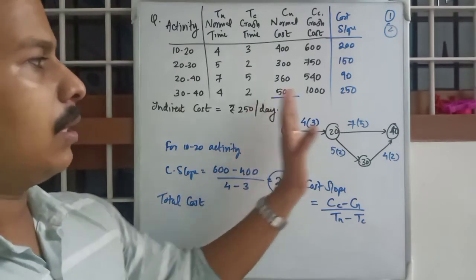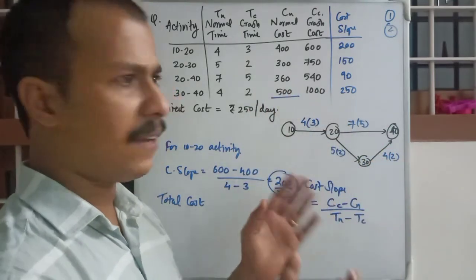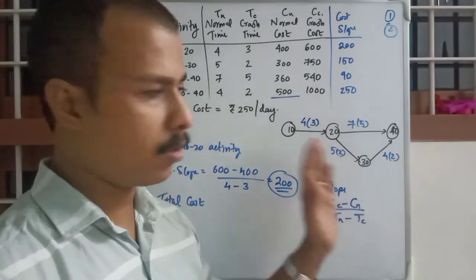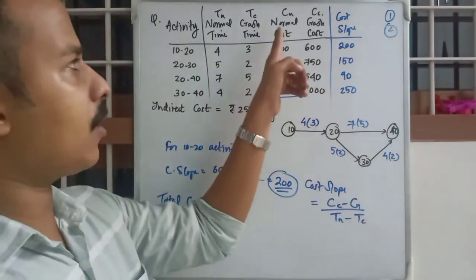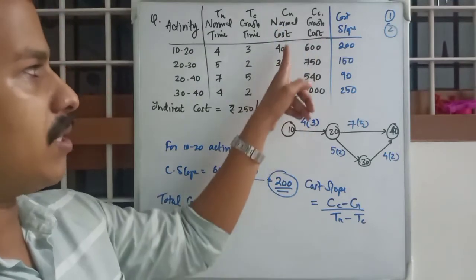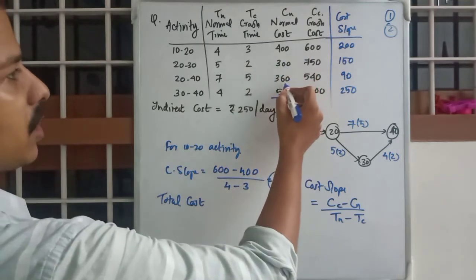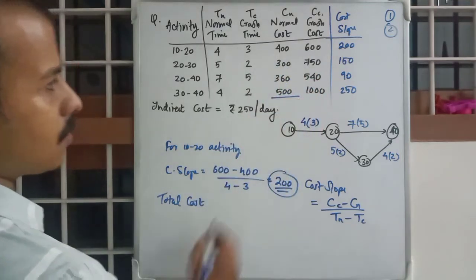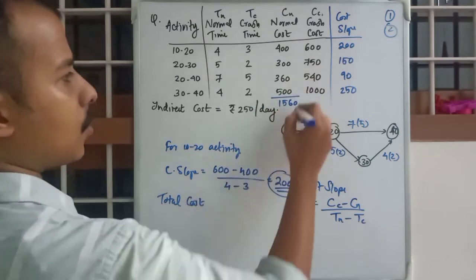Whether or not some activities are critical doesn't affect the fact that you have to carry out all these activities. So just add normal cost, not crash cost. So 400 plus 300 plus 360 plus 500, that is 1560 rupees.